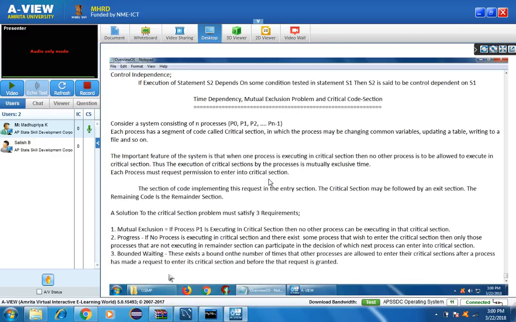With the mutual exclusion problem, there are different solutions introduced for this concept. In continuation, we'll be discussing inter-process communication, deadlock handling, and all those things. This is one part of the critical section, where we have tried to come up with its introduction.